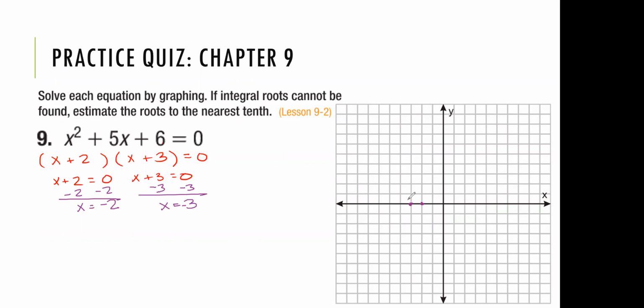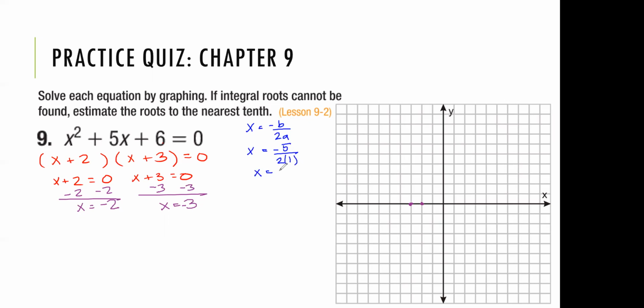Okay. Then I need to find my vertex. So first thing when I'm trying to find my vertex is I need the axis of symmetry. So remember that's x equals negative b over 2a. So x is equal to negative b, which is 5, over 2 times a, which is 1.